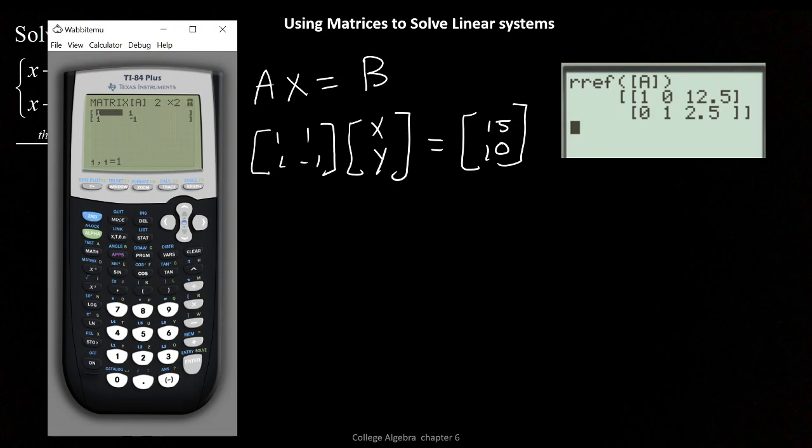So I'm going to quit and then go to matrix again, go to edit. Now I'm going to create this matrix on the right, which I'll call B. Go to matrix, go to edit, and go to B. Now I want it to be 2 by 1, right? So it's 2 by 1, and I already have 15 and 10 in there, right? So I'm going to quit.